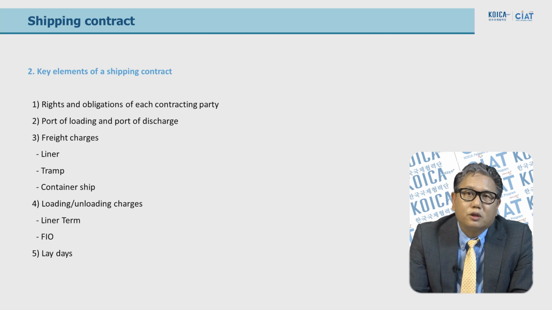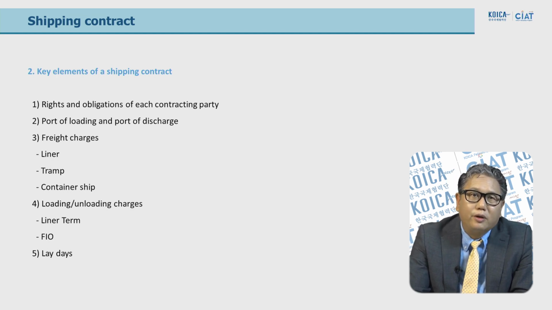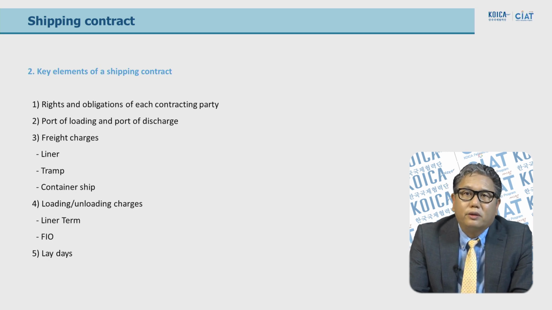This document specifies the carrier, shipper, port of loading, port of discharging, and the freight charges, which differ depending on whether it is liner shipping or tramper shipping. The elements of the bill are specified by law, especially by all kinds of international conventions.